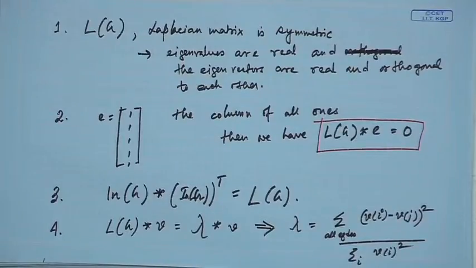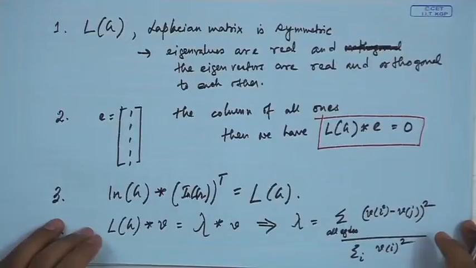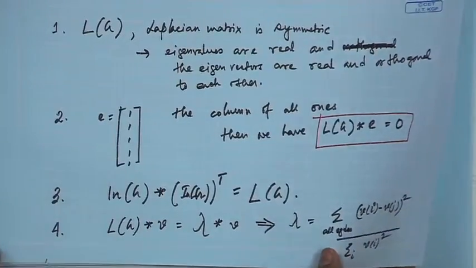So, if you look at this formula, the expression at the numerator is a sum of squares, whereas the expression at the denominator is also a sum of squares. So, both of them have to be positive and therefore, the ratio has to be positive. So, the lambda values are positive. That is what we will prove in a while.